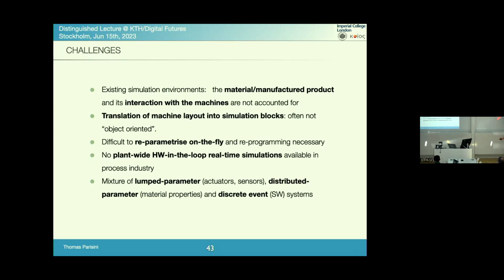And last but not least, mathematically speaking, you need to be able to embed standard, simple models of actuators and sensors with, for example, very complicated distributed parameter equations.